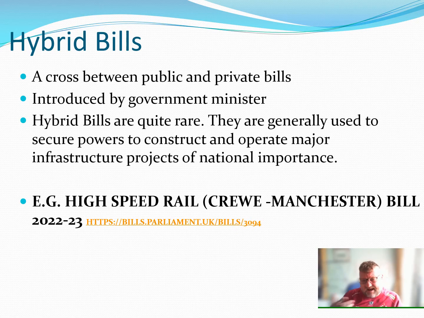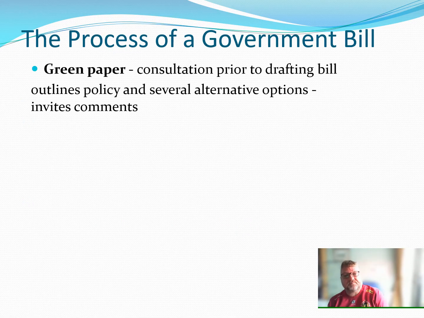So hopefully that's clarified the sort of bills that go through Parliament, and you've got a bit of understanding of how Parliament works. So let's go through this process of a government bill. Now, this you need to know, guys.